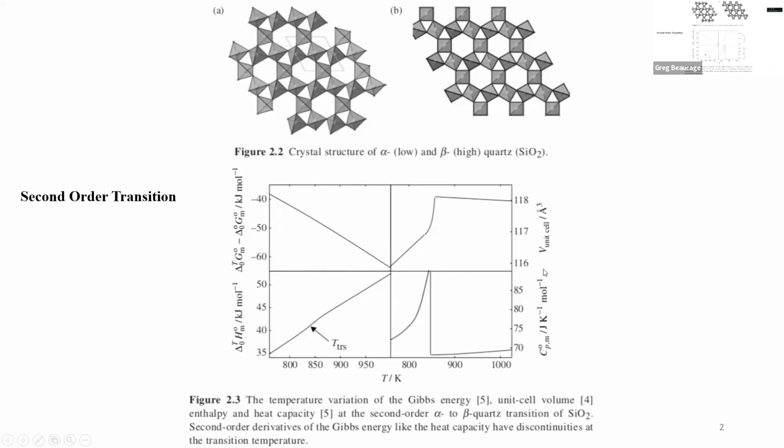If you plot specific volume, there's something weird about this transition. The specific volume is continuous with no jump, but the thermal expansion coefficient becomes negative at high temperature, in the beta phase of the quartz. The beta phase only exists at high temperature, right?